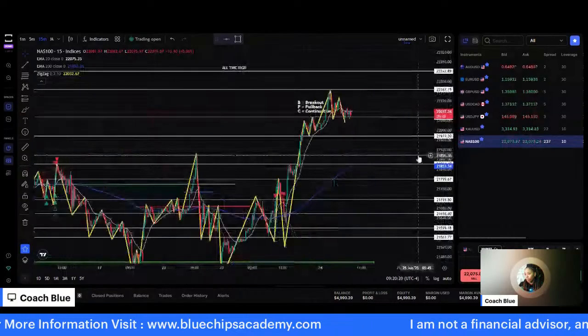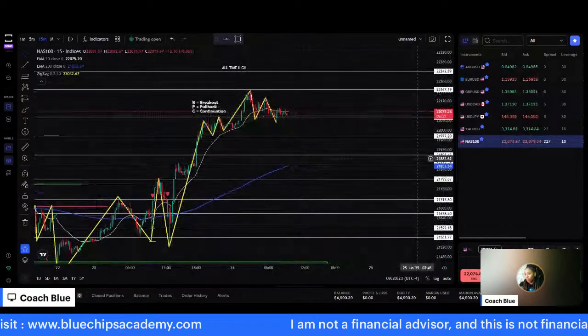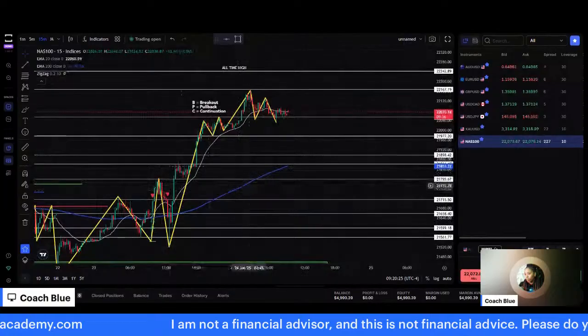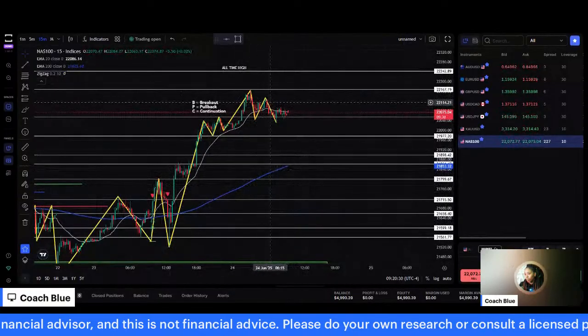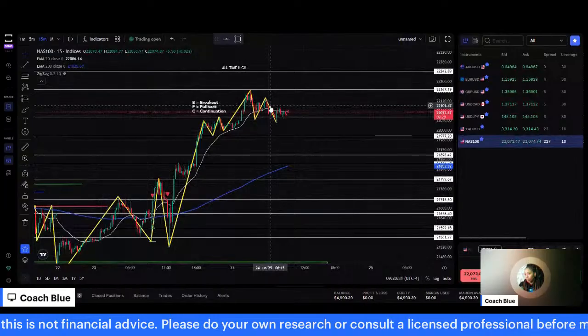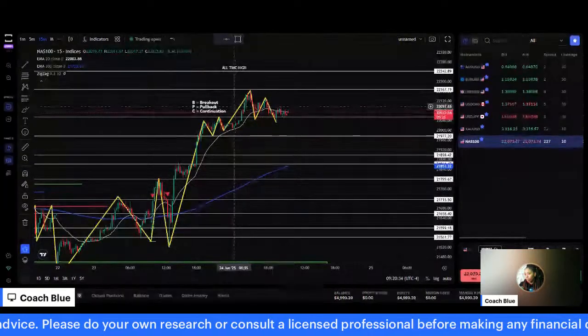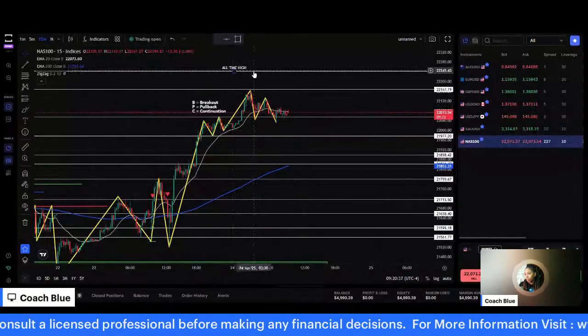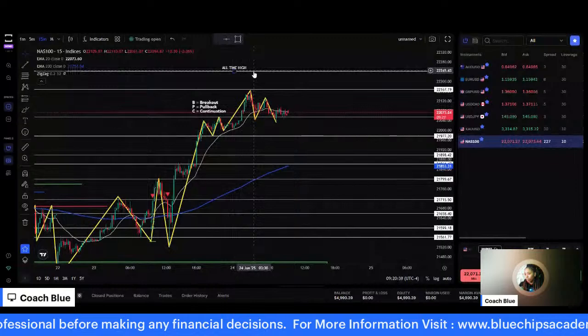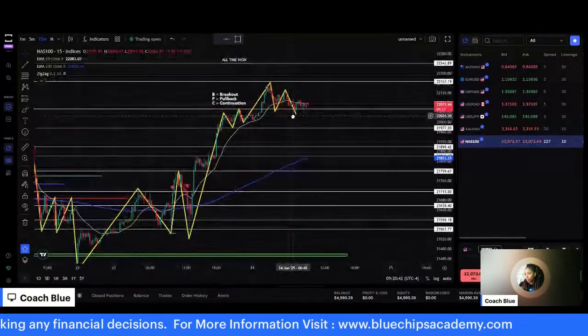So, when the 20 is far away from the 200 like this, you've got to be careful because typically a reversal is probably going to happen, especially because we're near an all-time high area. Now, breaking past here, you just want to see how far this goes.